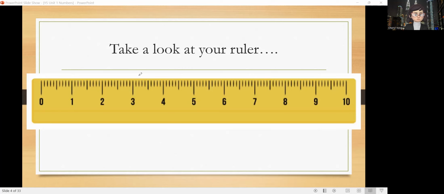They want to make it easier for you to read it at a glance. Because 0.5 is exactly in the middle of two whole numbers. Take, for example, 3 and 4. If you want to find 3.7, you can find it easily because you know 3.5 is here.